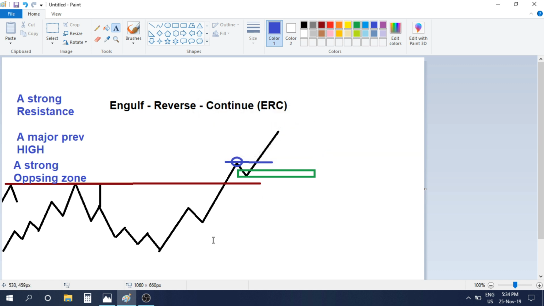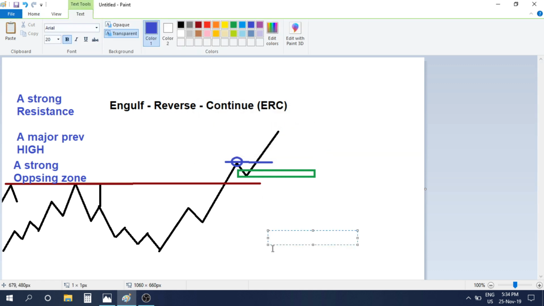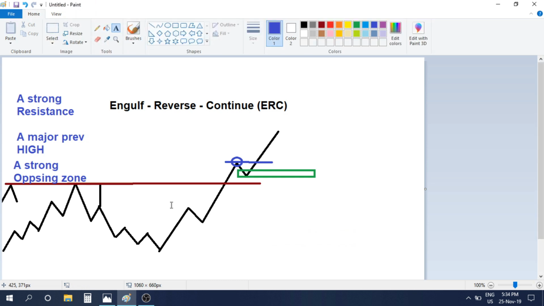So by the way, before I clean up the sheet, if you have been following this particular method for some time, right? This particular high was also a supply zone, isn't it? So when price was making a higher high over here, reached this peak and then started dropping from here, it definitely created a supply zone over here, right?